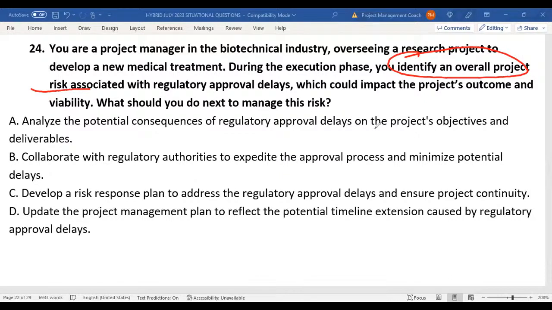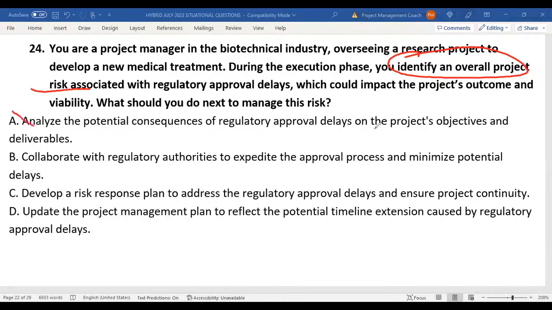You already know this is an overall project risk, so it can kill the entire project. That's what it could do. So analyzing potential consequences, you already know the consequences because it's told you it's an overall project risk. These are very, very important big risks that could kill an entire project.